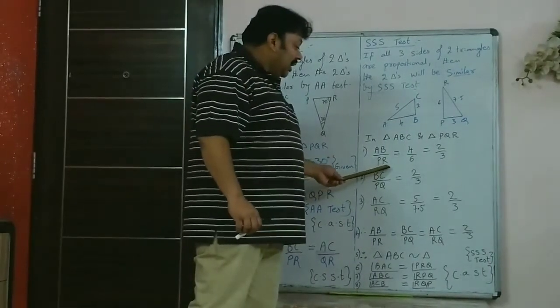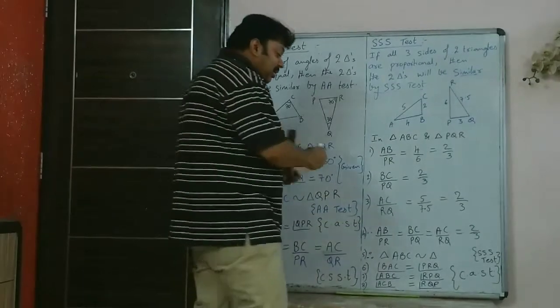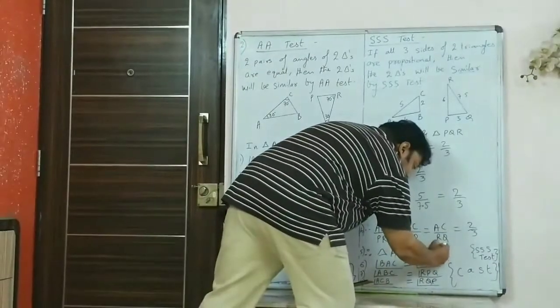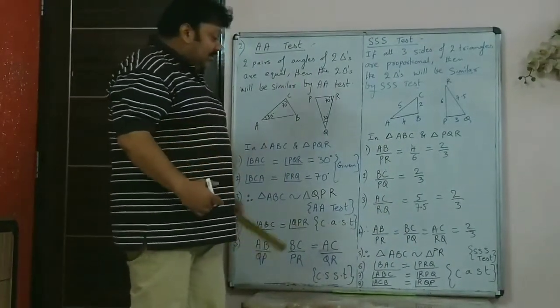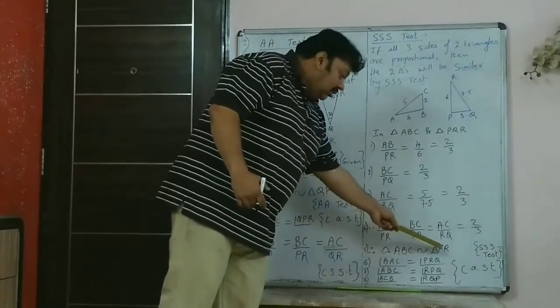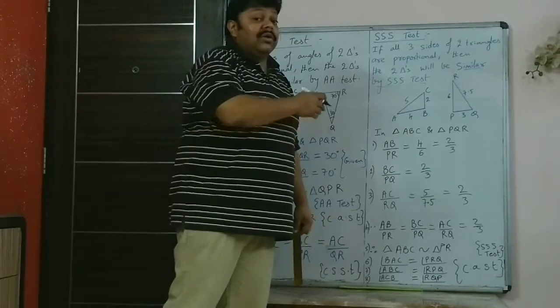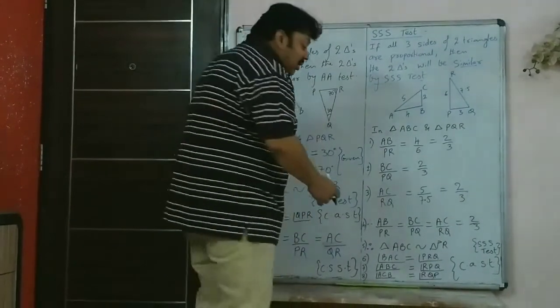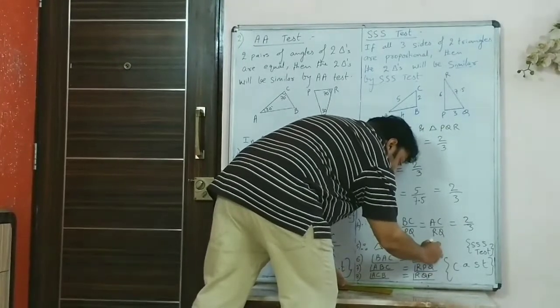AB and PR, so I could write AB and here I will write PR. Now the next step is BC with PQ. BC is coming to RQ, so therefore I will reverse PR and write it as RP.